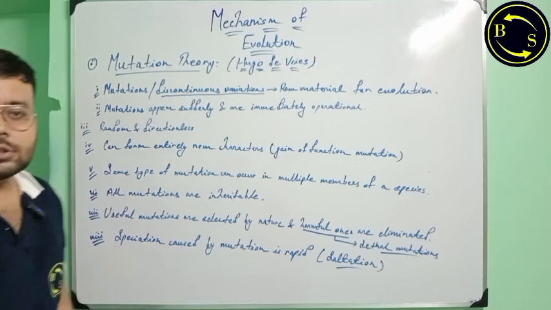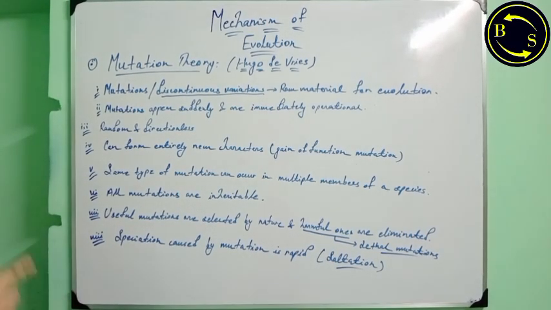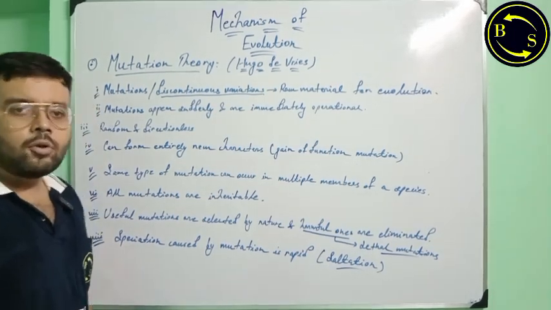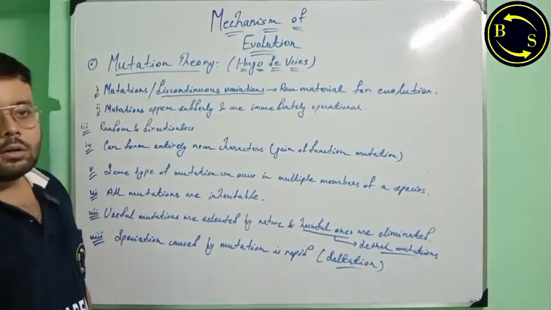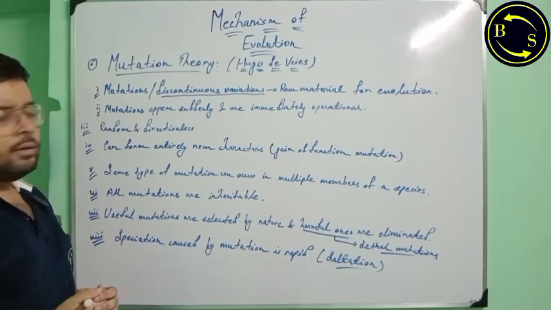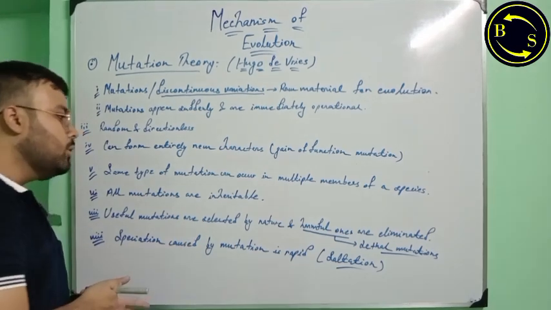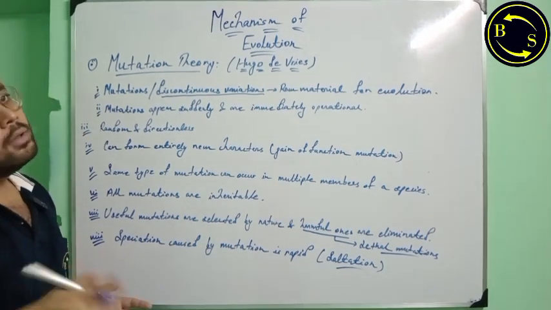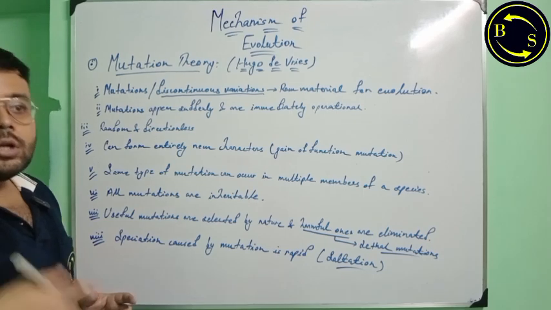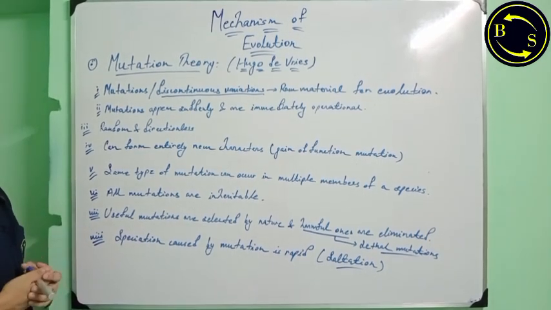90% of all mutations that occur in all plants, in all animals, in all microbes, in all organisms on this planet are neutral. This theory was given by Motoo Kimura. And since those mutations are not harmful, maybe they are not useful, but since they are not harmful, they are inherited. And this neutral stock of mutations creates variations among a population.